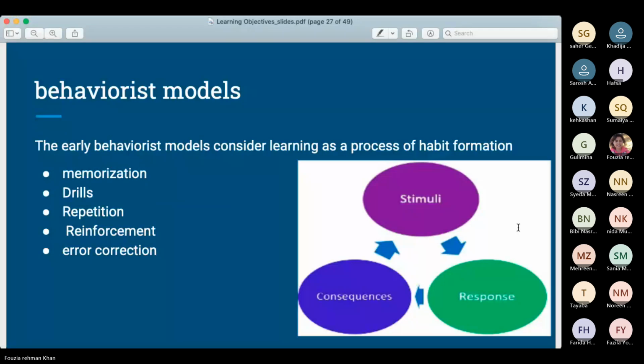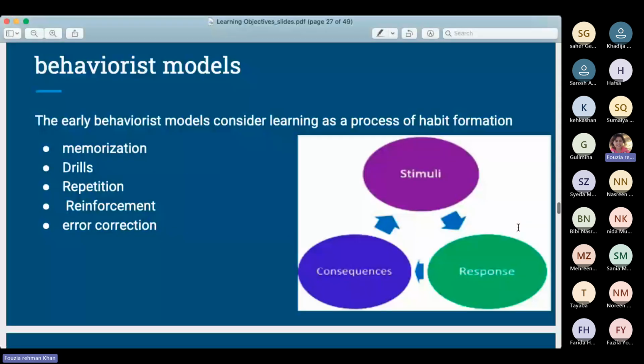The errors would be corrected, and they will be rewarded for not making errors, and they will have consequences if they have errors in their language. So basically, language will be dealt with as a matter of habit formation for whoever takes up the behaviorist model in order to develop a course for ESP.